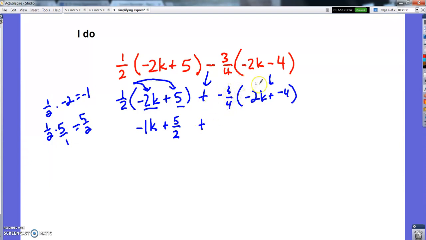Plus, and then I'm going to do the same thing here. Negative 3/4 times negative 2 is negative times negative, 6/4, or 3/2.